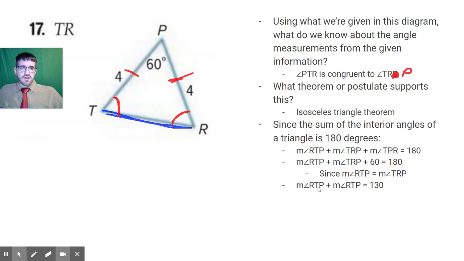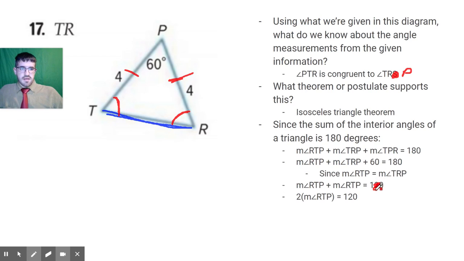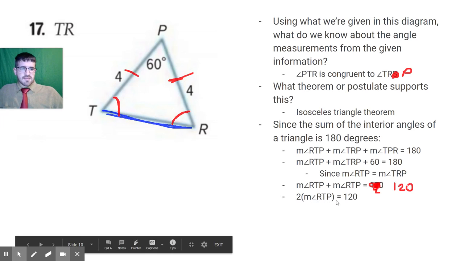We're going to get measure of RTP plus RTP, because we substituted RTP wherever we saw TRP, equals 120. Two times the measure of angle RTP equals 120 degrees. Therefore, the measure of RTP is 60 degrees.